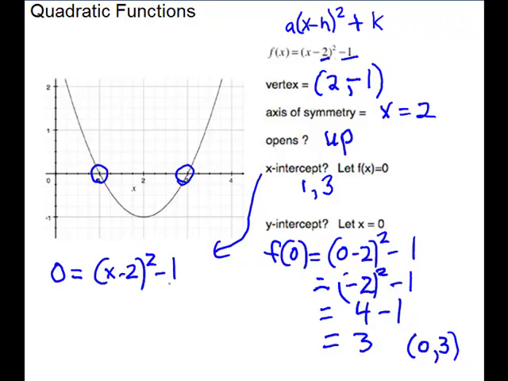So if we move the 1 to the other side, so we'll add the 1 to the other side, we have a quadratic equation that's set up nicely for the square root method. So if we take the square root of both sides, remember this will give us plus and minus. The square root of 1 equals x minus 2, and that will just take your exponent off. The square root of 1 is 1.